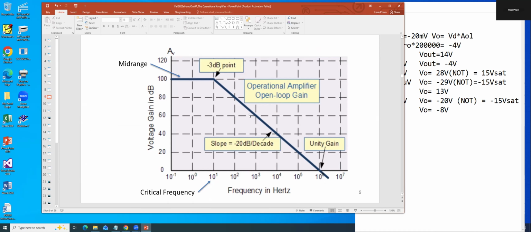And looking to the left, the gain now goes down to 60 dB. So the slope, they say, will be going down 20 dB per decade.